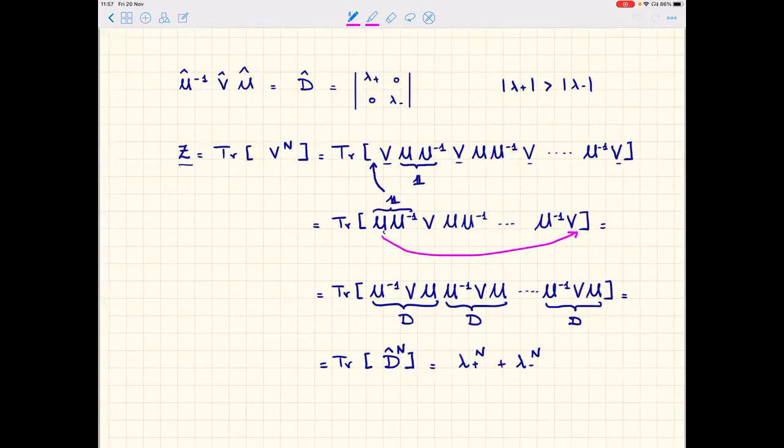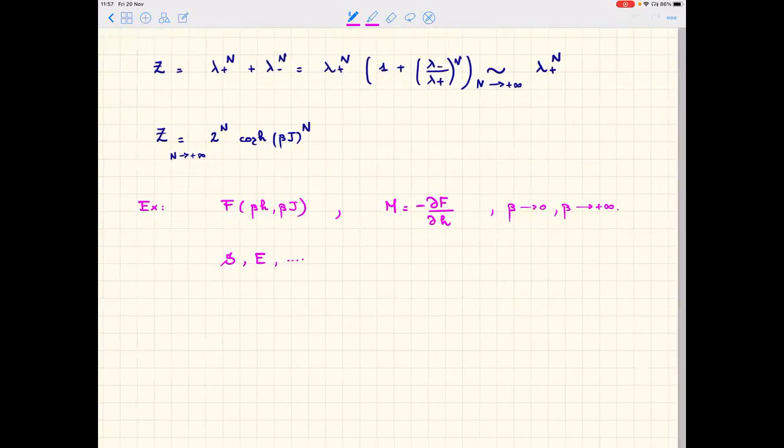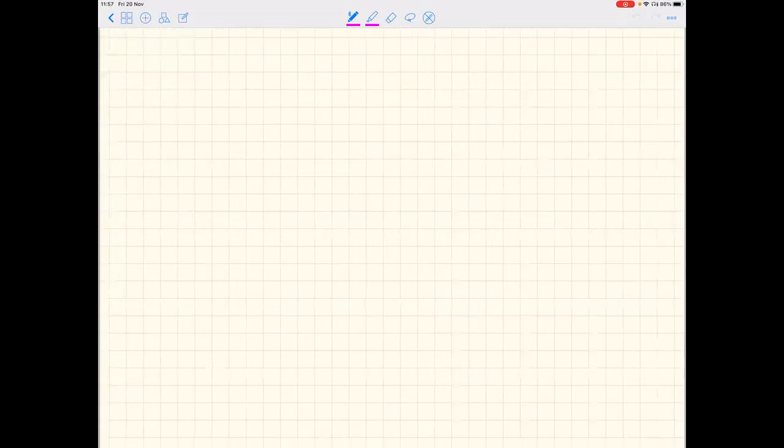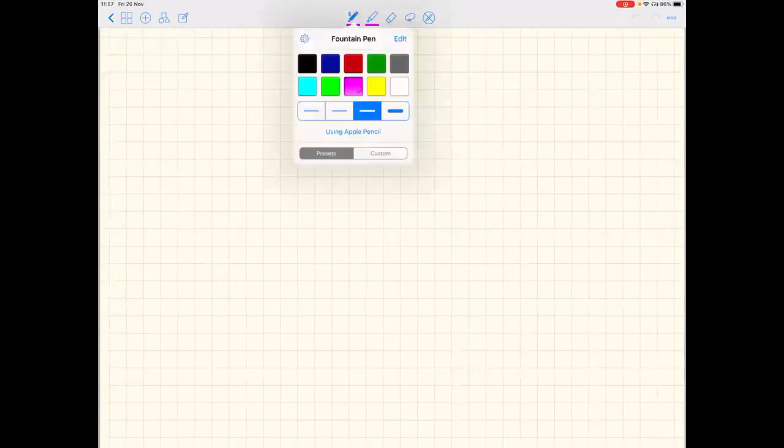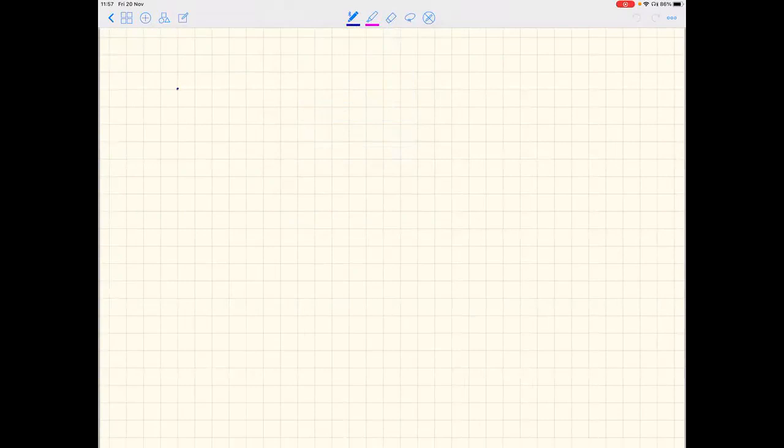some generalities about the transfer matrix method. Let me summarize it here. We have been using it for the one-dimensional Ising model. We wrote the partition function with periodic boundary conditions, PBC, in this direction.